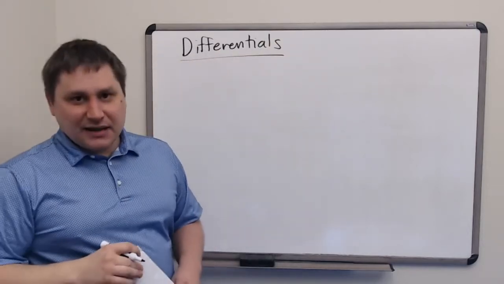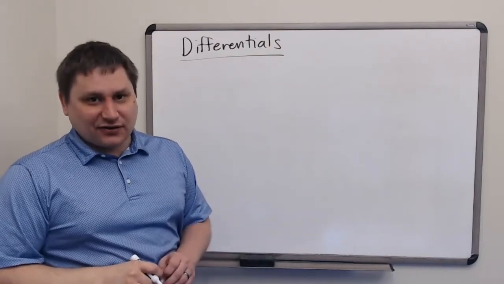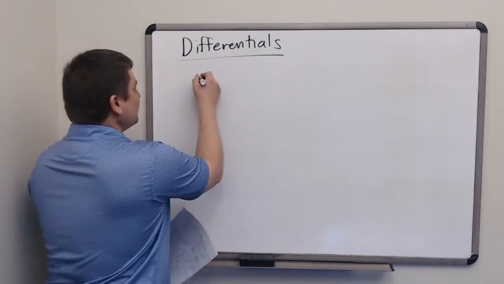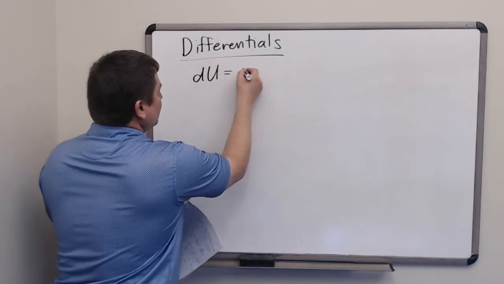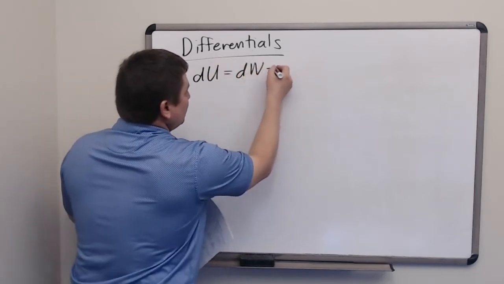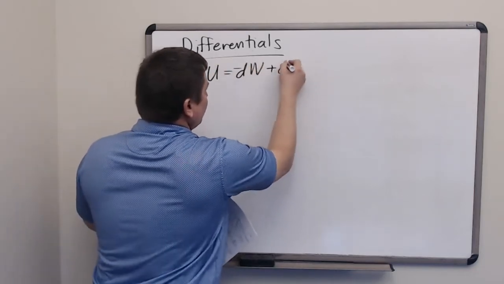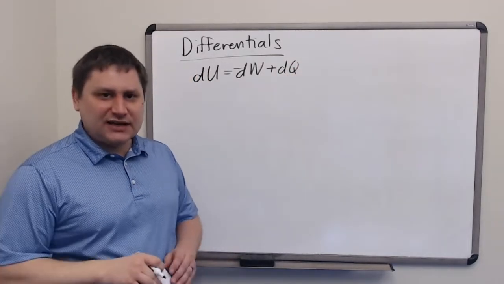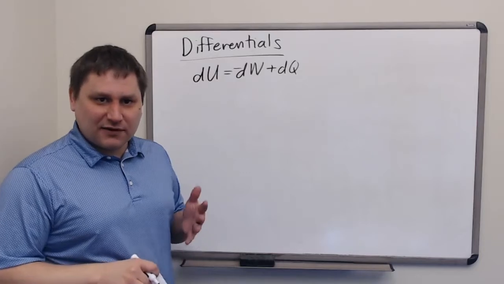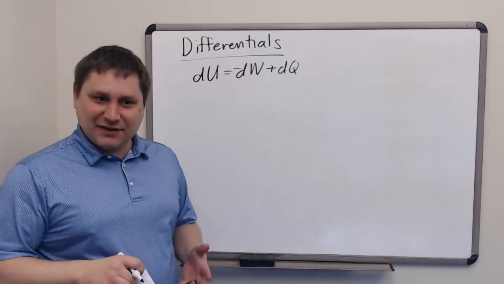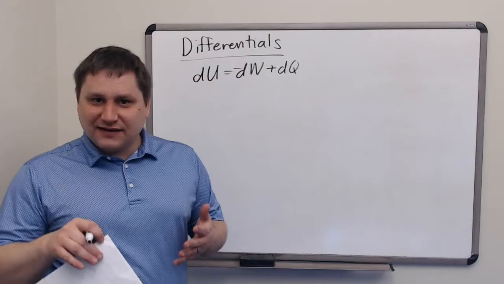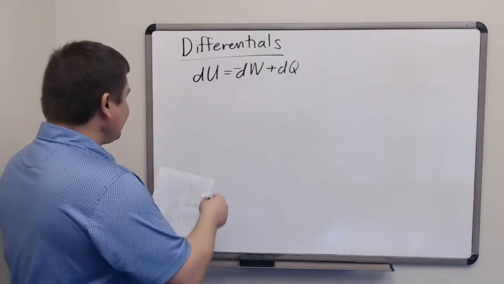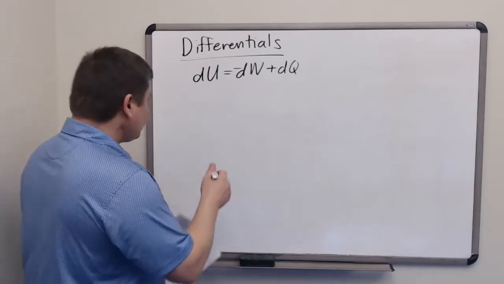Now, we have been implicitly using differentials already in this course when we write a quantity like dU, dW, or dQ. That's in the first law of thermodynamics. Putting a d in front of a quantity is called a differential, and the concept behind it is an infinitesimal change in that quantity. But now we're going to make this a little bit more exact.